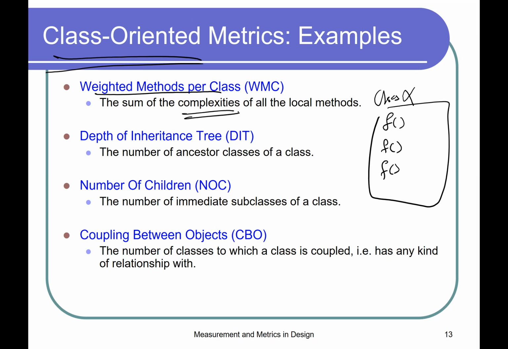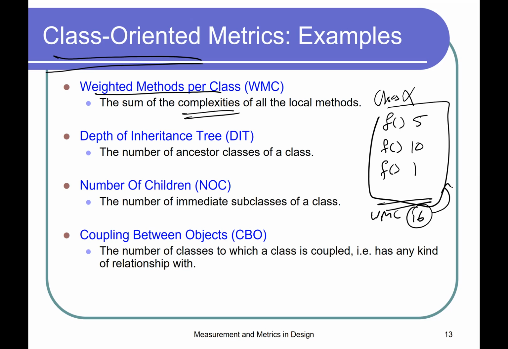There are a number of ways I can calculate the complexity of a method, and I come up with a number. Let's just say, for example, here's 5, something more complex here, 10, something that's very trivial here is a 1. So the total WMC is 16. All right. Now, what does the 16 tell me? It tells me how complex this class is that I'm dealing with.